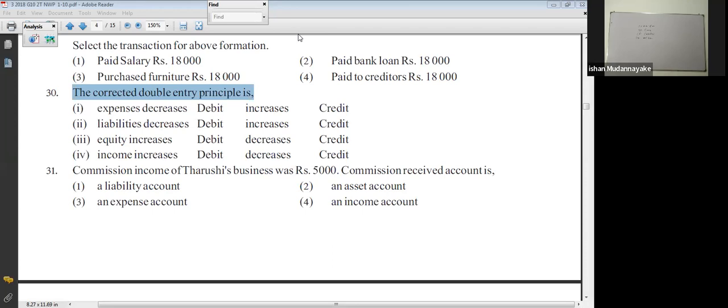First one. Yes, this is not correct. Yes, Sinuki, correct. Right, then here, Kamaya, question number 30.